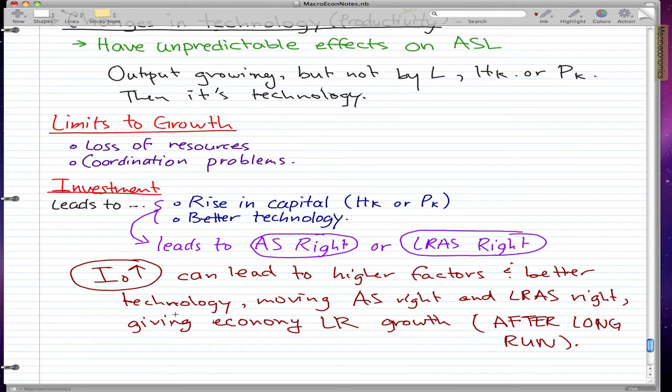So during the long run, or maybe even before the long run, you're investing money, and then the economy will go through its long run growth, but the investment can turn out to be so good that it leads to higher factors and better technology, moving the aggregate supply right and long run aggregate supply right, even after the long run changes.